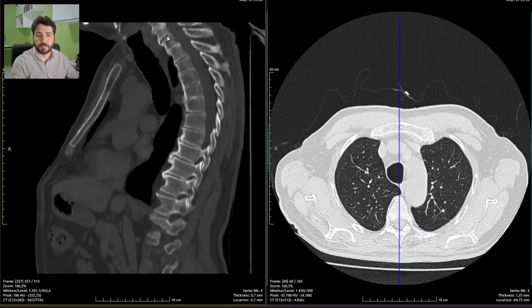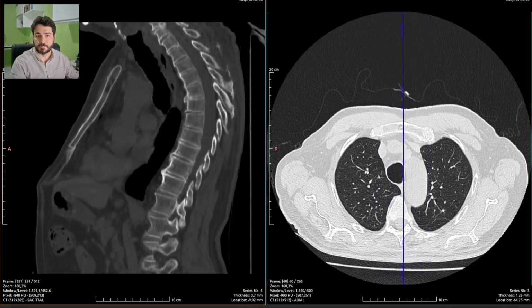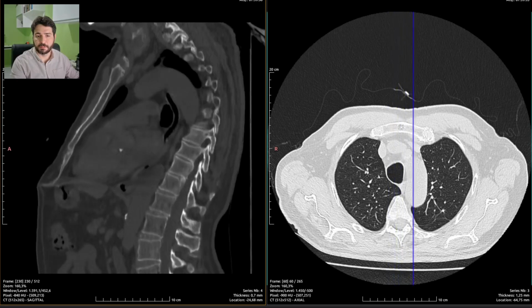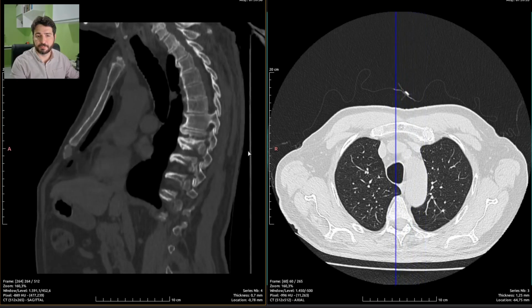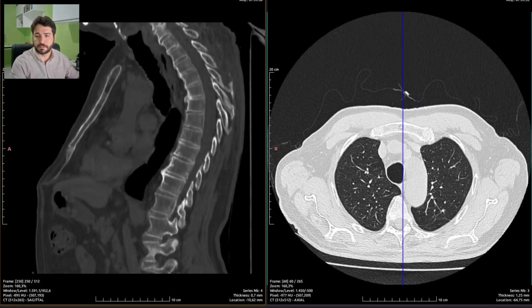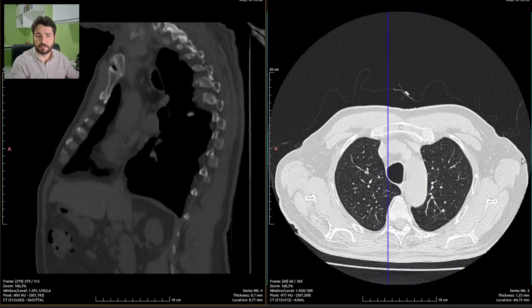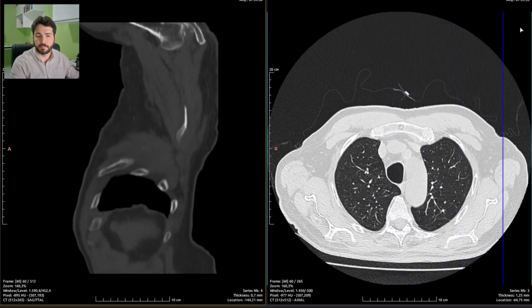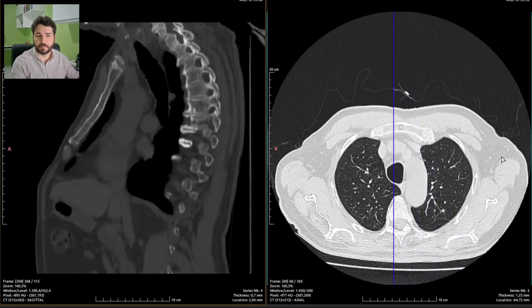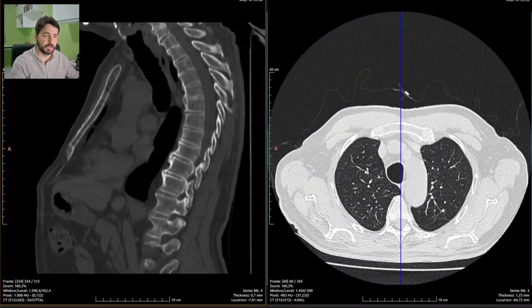There is some increased kyphosis of the dorsal spine, which is degenerative in nature. Osteophytes, the disc spaces are reduced, and yeah, no vertebral collapses, no nothing, just that plain old degenerative disease of the chest.